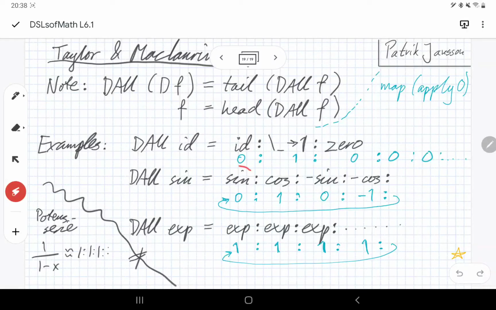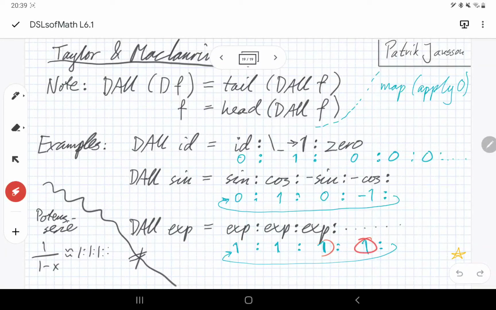Similarly with sine 0 is 0, cosine 0 is 1, minus sine is still 0, minus cosine is minus 1, and so on. So this representation after apply 0 is particularly easy. It's 4 normal numbers, not any complicated functions anymore, just 4 normal numbers and then repeat. And for the exponential, when we apply these to zero, we always get just 1.